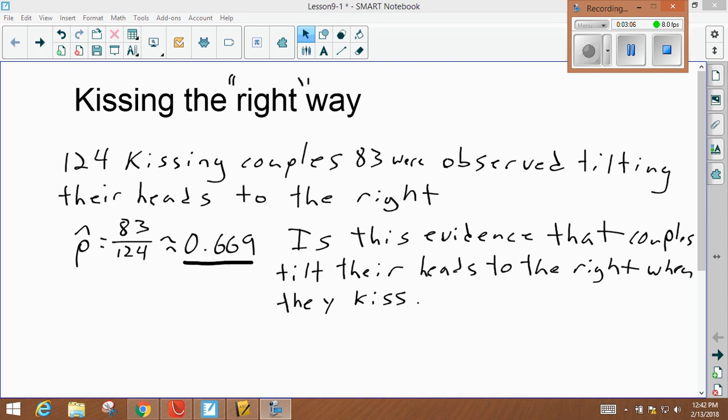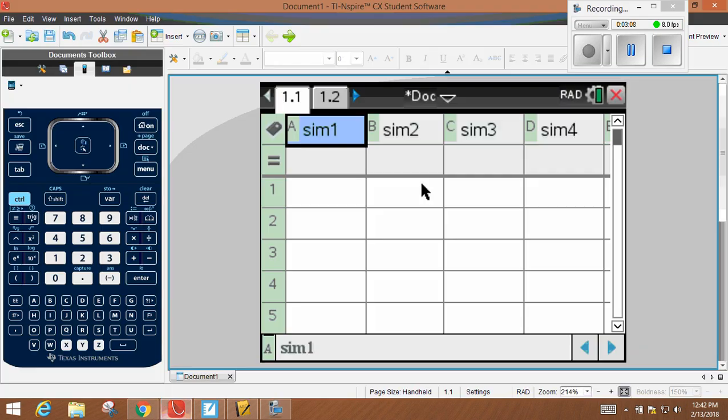Okay, so I'm going to go to my calculator, and I've actually set some stuff up ahead of time. I want to do 20 simulations. So I have sim 1, sim 2, sim 3, sim 4, and so on.